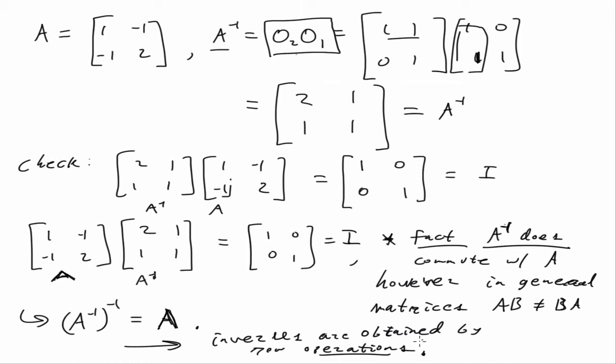So the final question then is, okay, this seems a little clumsy. Finding these O2 and O1 matrices, if you have to do many row operations, you can imagine that could be very onerous, and it's not really going to be helpful. So let's define a formal procedure to find A inverse.